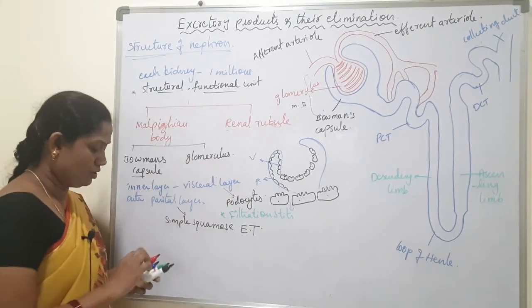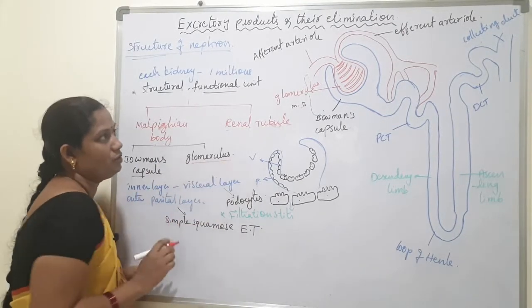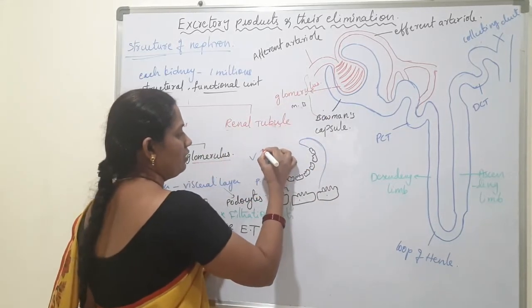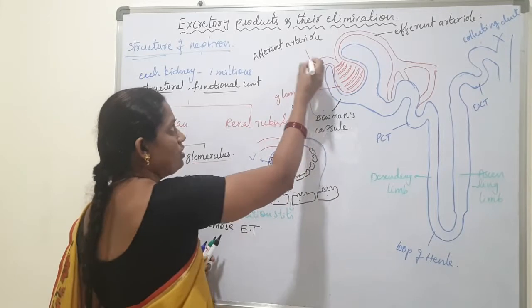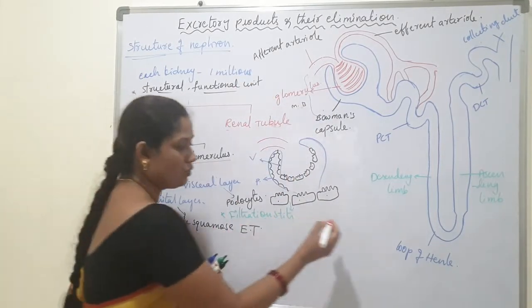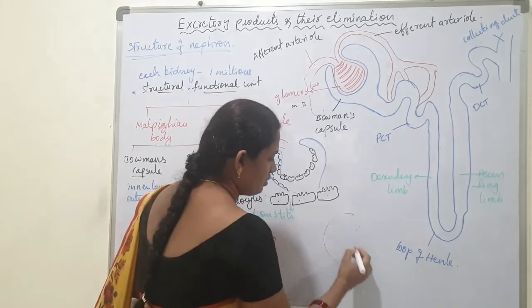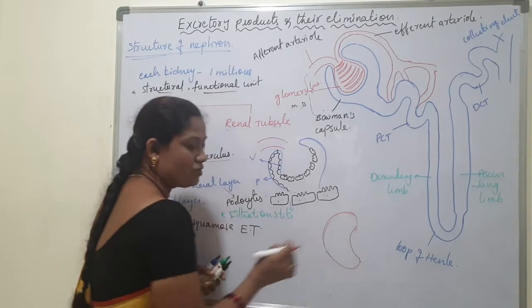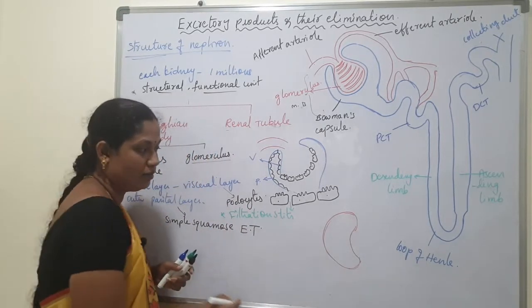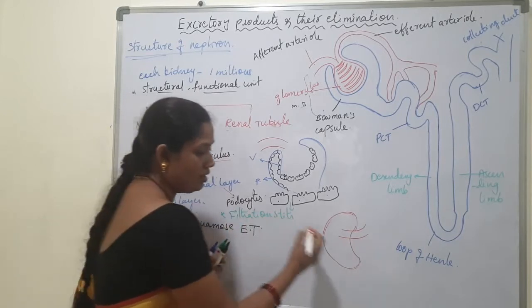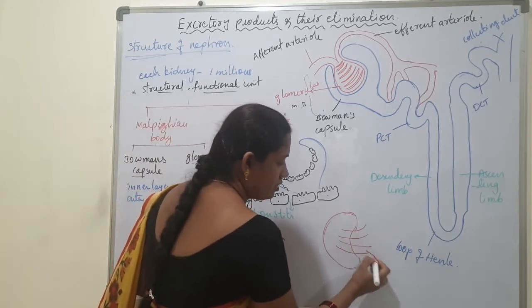Next, the glomerulus. In each kidney, the concave surface is called the hilum. Through the hilum, the renal artery enters inside, and the renal vein comes out.